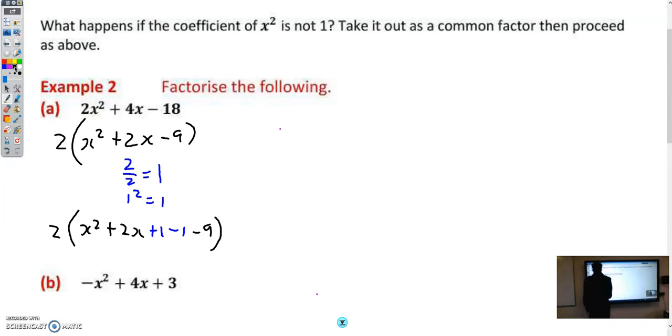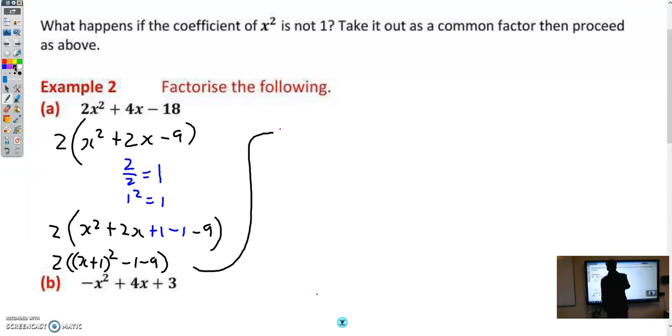From here, we complete the square. We get 2 bracket x plus 1 squared minus 1 minus 9, all in brackets. Okay, so I'll rewrite that again up here.